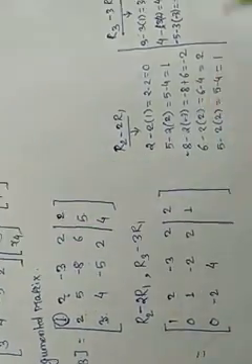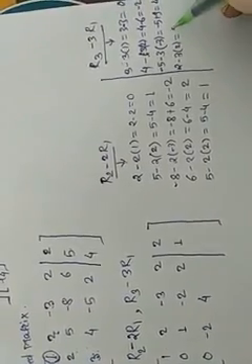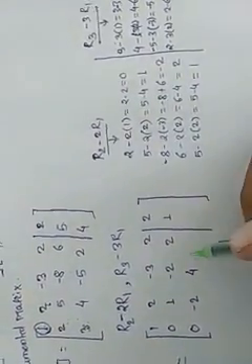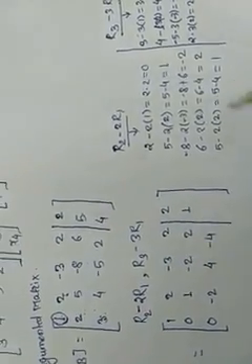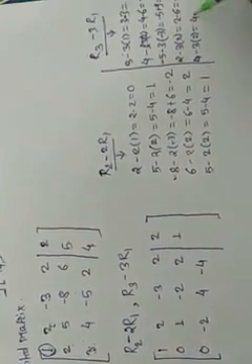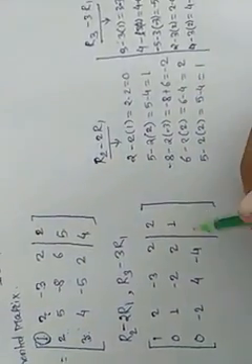Next, 2 minus 3 into 2 is 2 minus 6, which is -4. And last, 4 and 2: 4 minus 3 into 2 is 4 minus 6, which is -2.